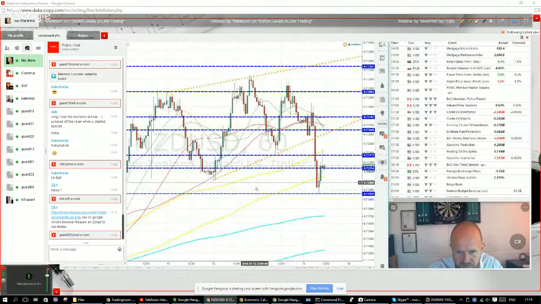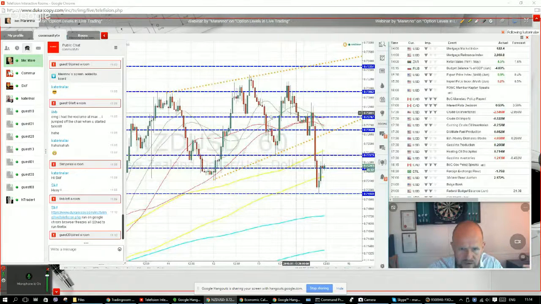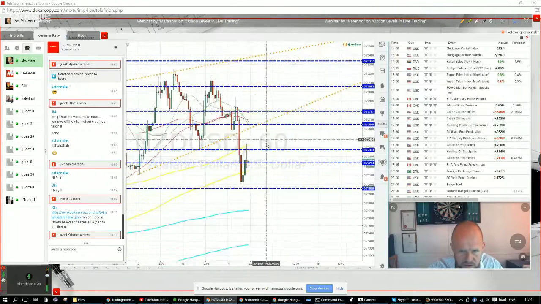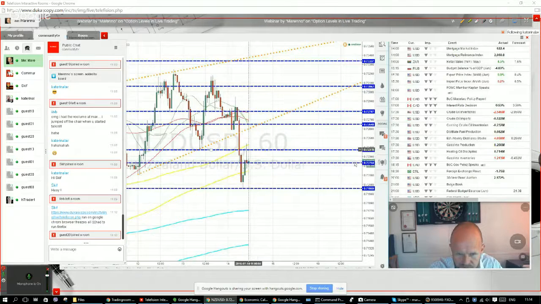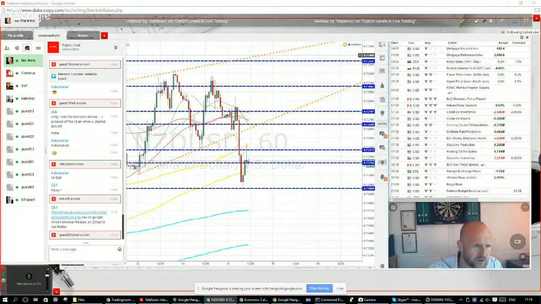Here, we have some sort of triangle which has already been broken down, and now we have a resistance level at 0.72373. It has already been triggered. I do want to sell it. Don't blame me if I'm wrong.